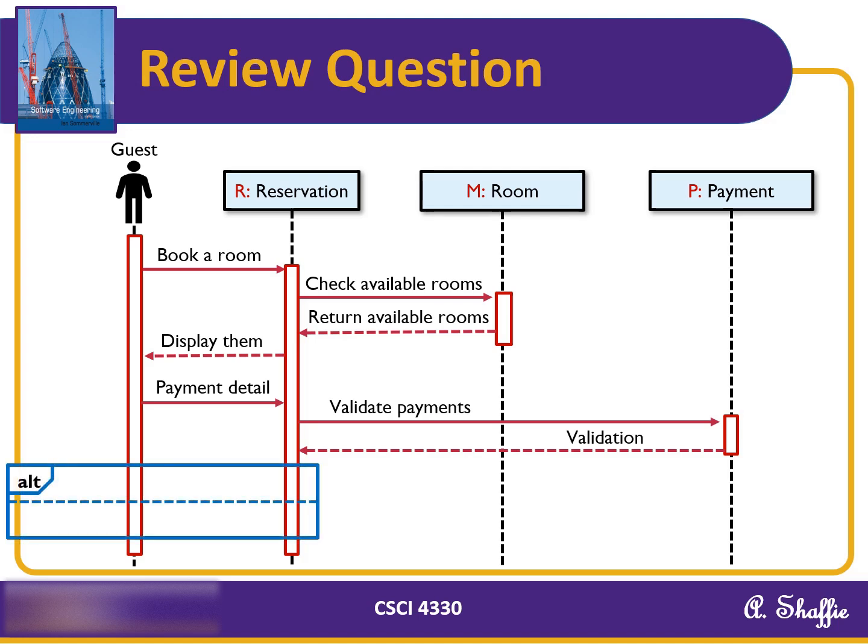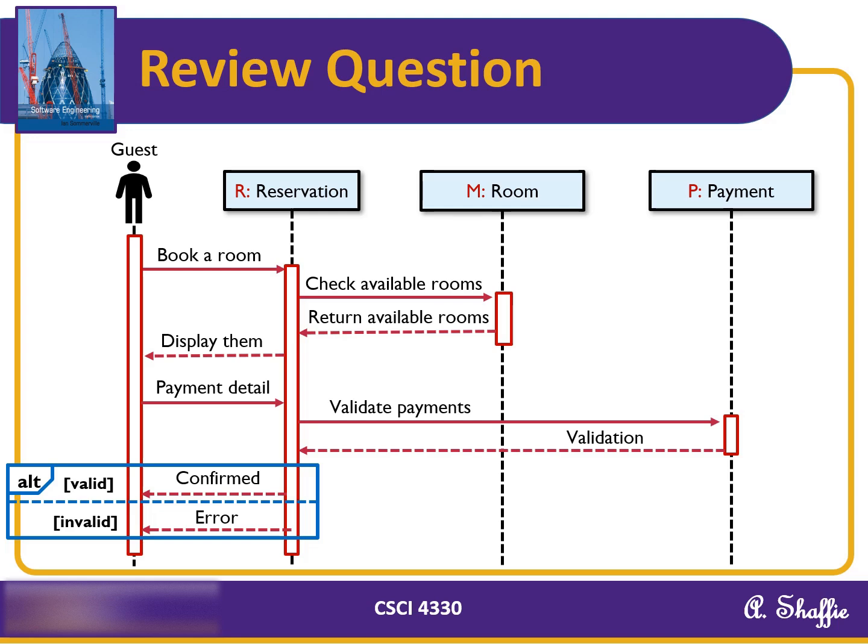At this point, we enter an alternative box, or alt box, that represents two possible outcomes. If the payment details are valid, the reservation object will send a confirmation message to the guest. If the payment is invalid, the reservation object will display an error message back to the guest.